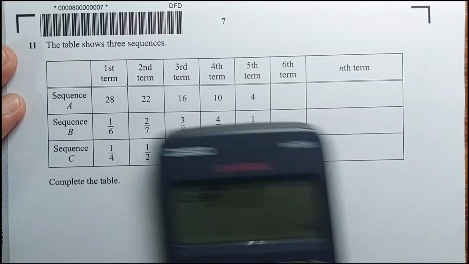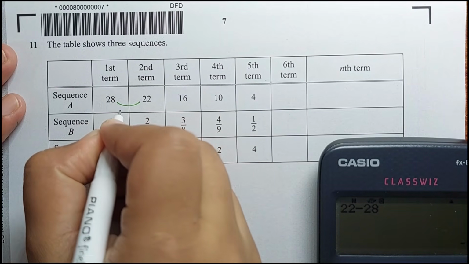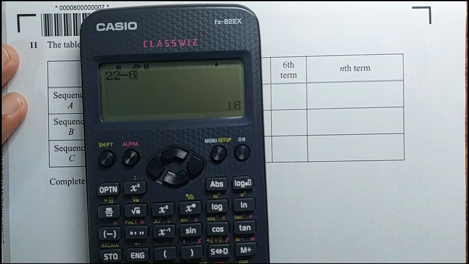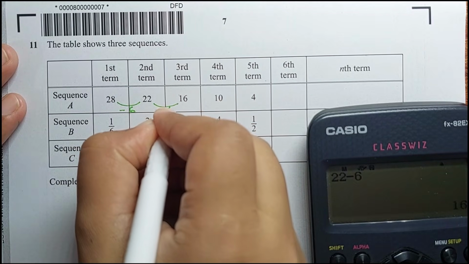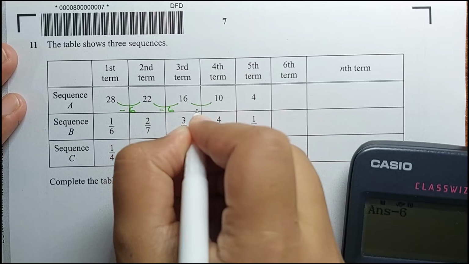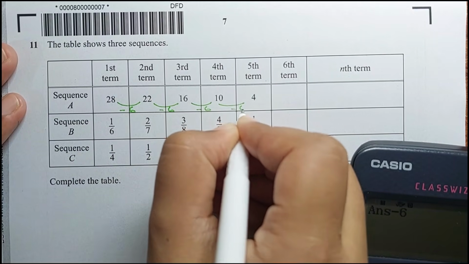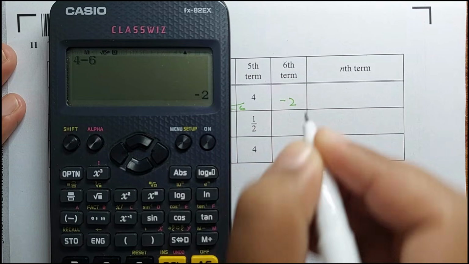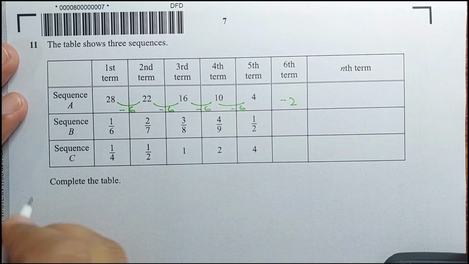In 28, when you subtract 6, you will get 22. In 22, if I subtract 6, 16. In 16, subtract 6 is 10. And 10 minus 6 is 4. And what is 4 minus 6? This is negative 2.